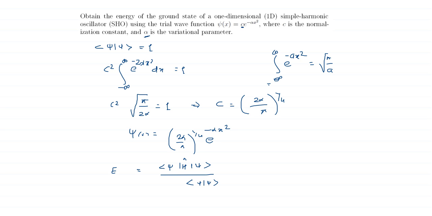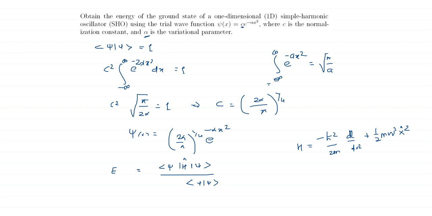The Hamiltonian H cap is nothing but minus h bar square by 2m, sorry, h bar is the correct pronunciation, times d2 by dx square, plus the potential term. Since this is the simple harmonic oscillator, the potential term will be half m omega square x square, and this x is also an operator, the position operator.